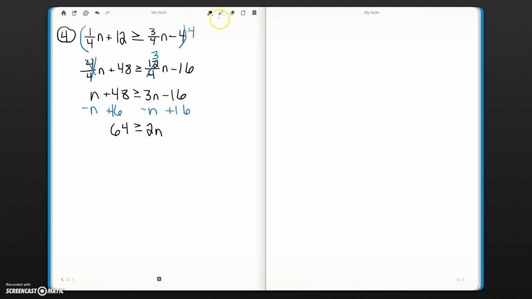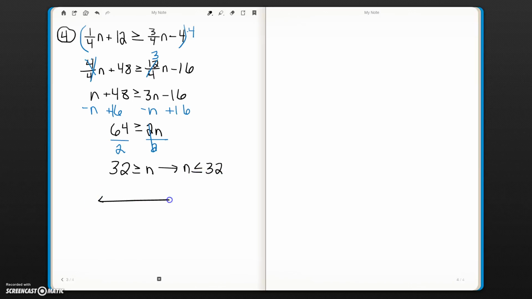Okay. And then if we divide both sides by 2, we get 64 divided by 2, which is 32, is greater than or equal to n. This is the same thing as saying n is less than or equal to 32.